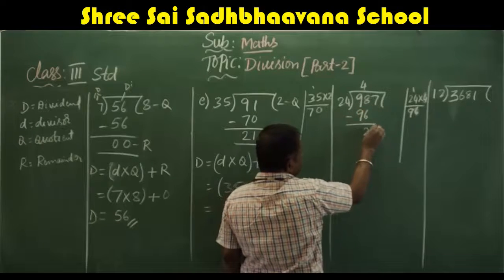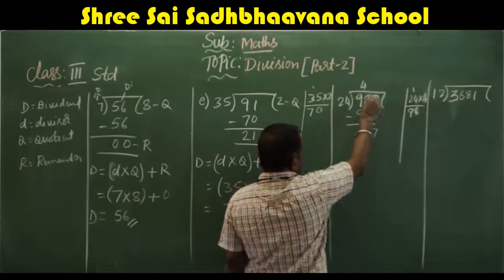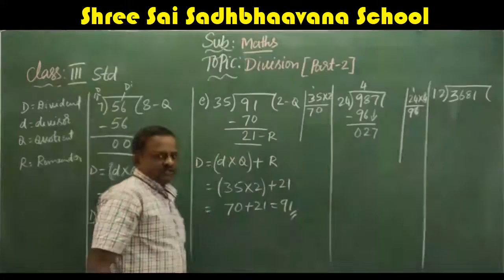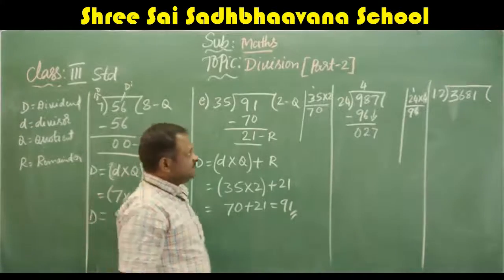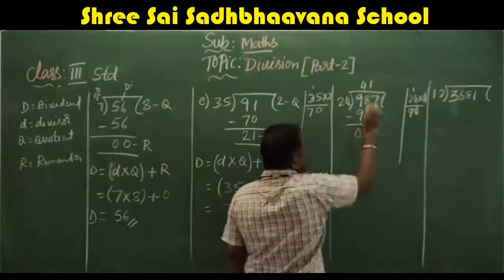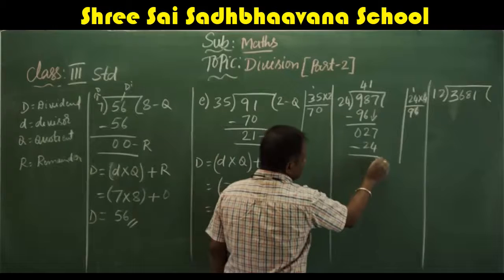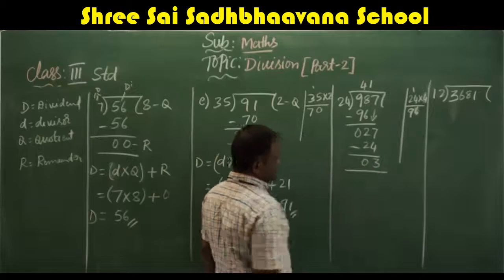Subtract, take down 1, 8 minus 6 is 2, 9 minus 9 is 0, you will get 2. Once again you take down the 7, 24 1s are 24. Subtract: 7 minus 4 is 3, 2 minus 2 is 0.